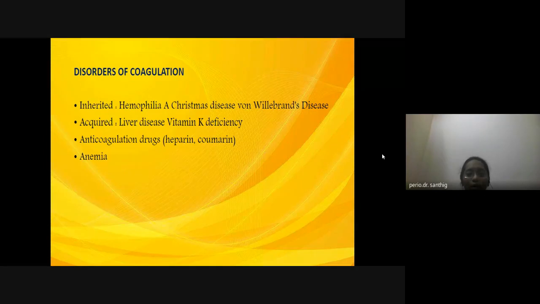Coagulation disorders can also be acquired through liver diseases, vitamin K deficiency, which is important in formation of coagulation factors, and anticoagulant drugs, some drugs that prevent the coagulation cascade, like heparin and warfarin, and anemic conditions.